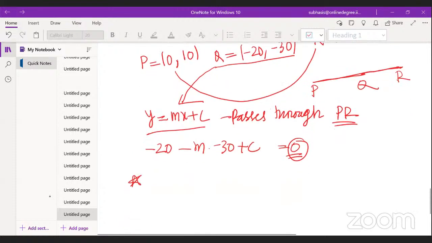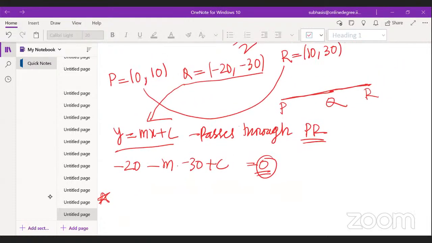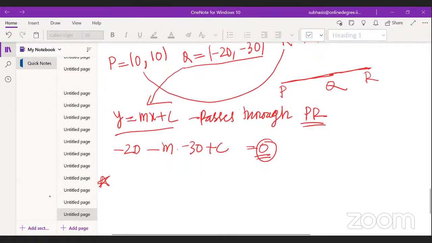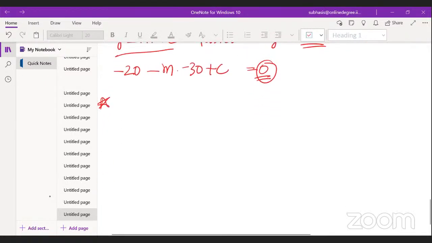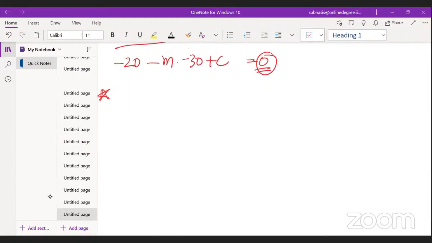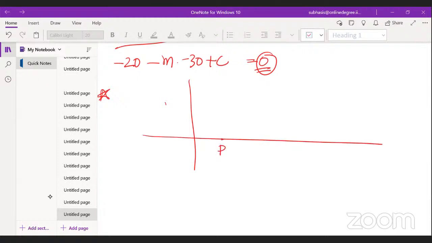But you should know where R is, where P is and where Q is, because here order matters, right? Oh, that's why I didn't get the answer. No, see what my point is. Suppose this is your x axis, and you have a point P here, a point Q here, a point R here.